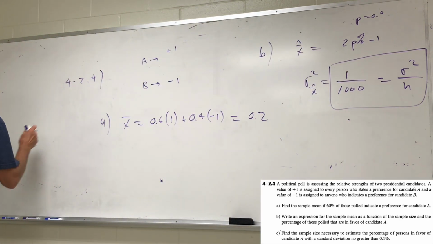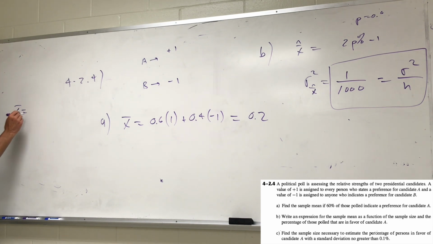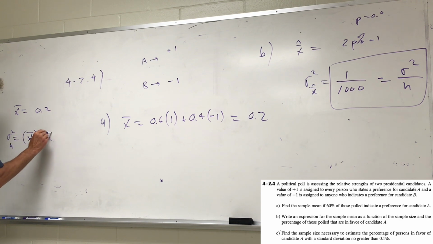Here, I'll do it this way. The mean value on this one for 1 minus 1 is 0.2. If we want the mean squared value variance, so sigma squared, that's going to be of the samples minus x bar of the samples squared. X bar is 0.2, minus 0.2 squared.